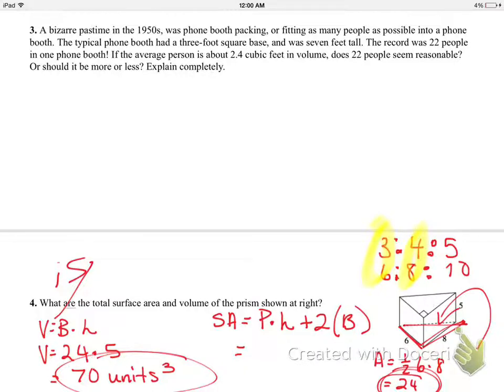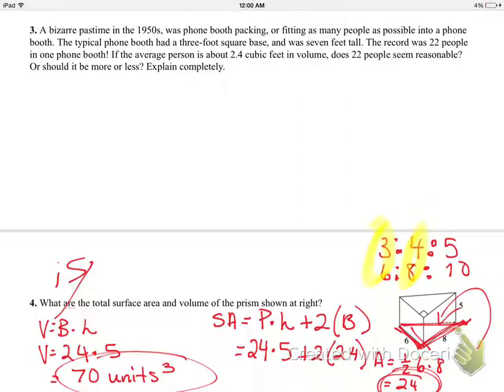So we have 10, 6, 8. 8 plus 6 is 14, plus 10 is 24. So the perimeter of our base is 24. Our height is 5. Then we also have 2 times the area of our base, which also happens to be 24, which is confusing.